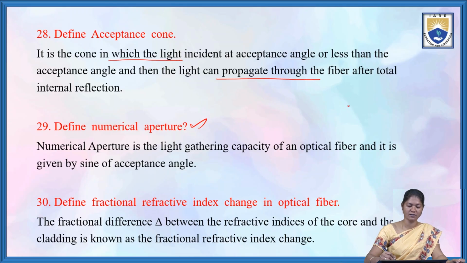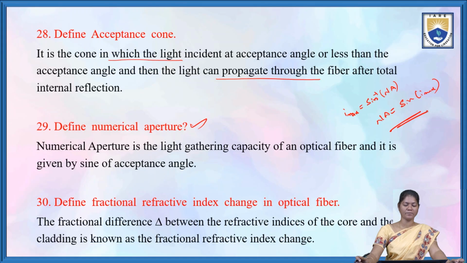So if we take θ maximum, it is equal to sine inverse of NA. So numerical aperture is equal to sine of θ maximum. That's why it is given by sine of the acceptance angle.